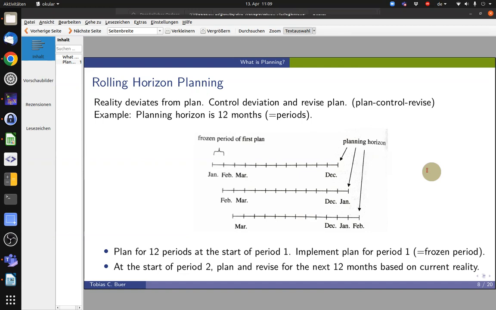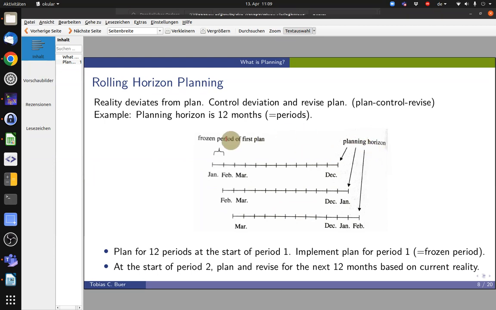And after the first month is over, we plan for the next 12 months. And our new plan is based on what has actually happened in the first month.